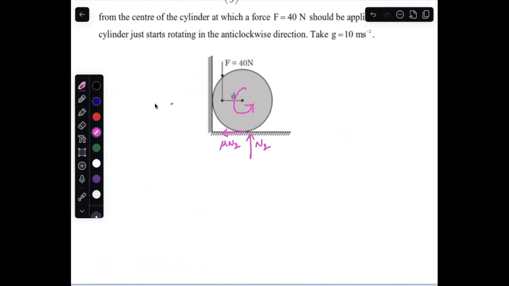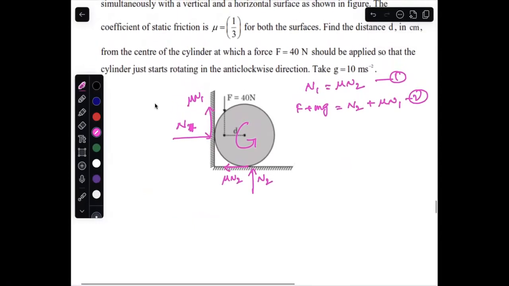There is also a normal reaction force here, N1, and on this, friction is directed upwards, that is mu N1. By the way, N1 is mu N2. What are the downward forces? F and weight are downward forces. N2 and mu N1 are upward forces. So I have 2 equations. The unknowns are N1, N2, and d again.